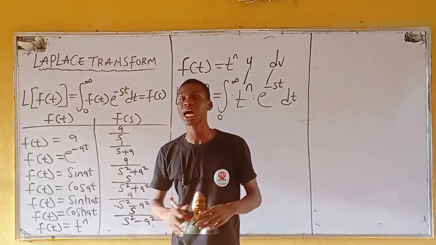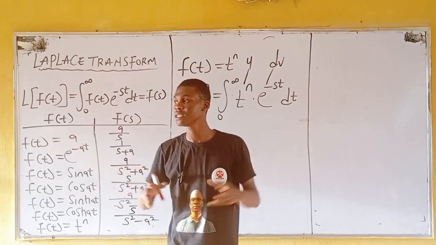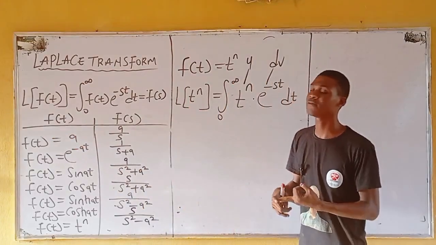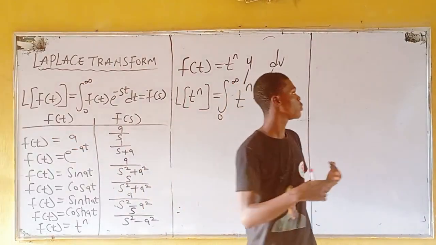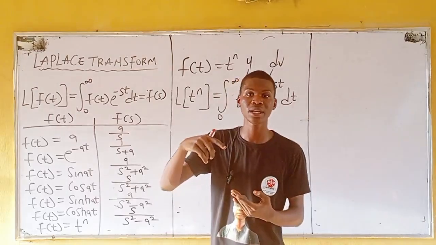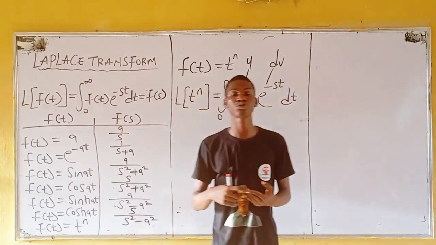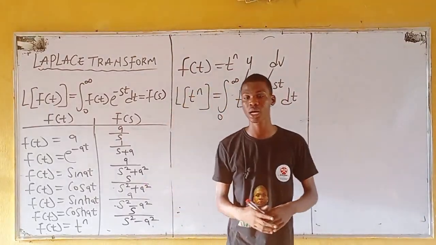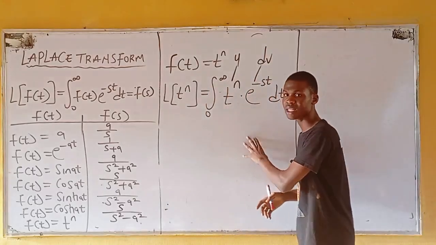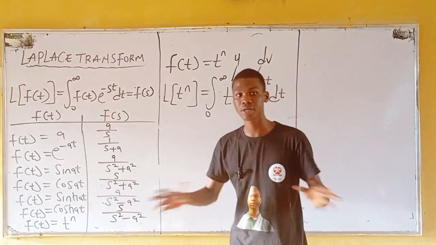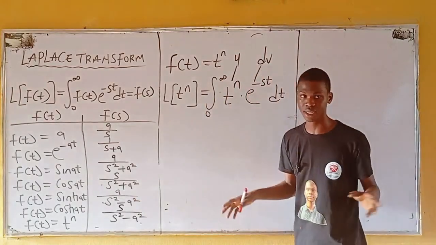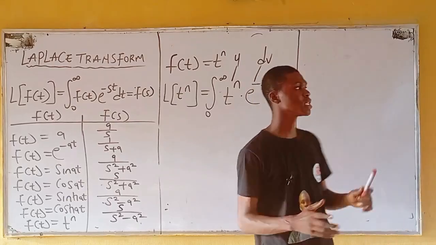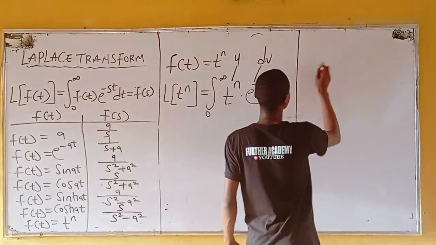We are referring to Laplace, the gamma function, the Mellin function, the Leibniz function, Taylor series, Maclaurin series, a lot of functions. So solving this, mathematically it works, it is correct. Now it is called the gamma function.